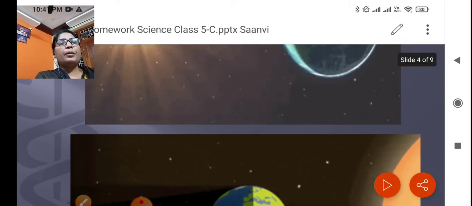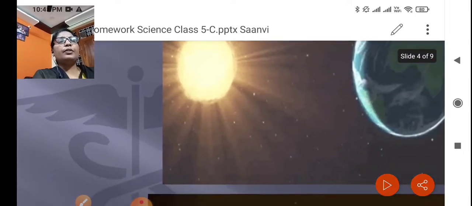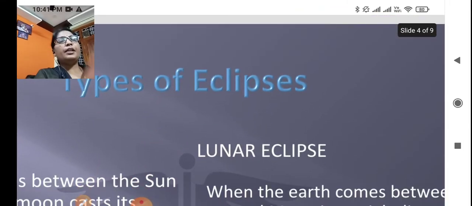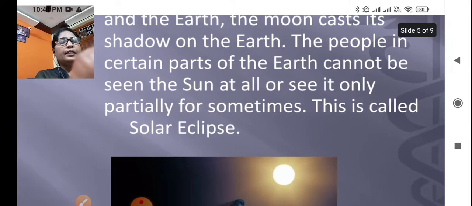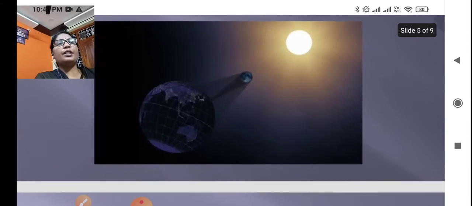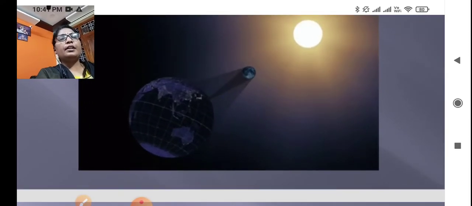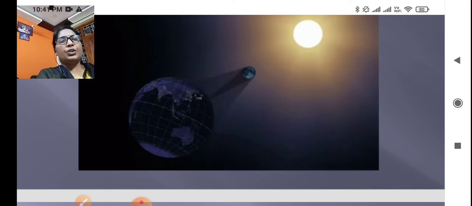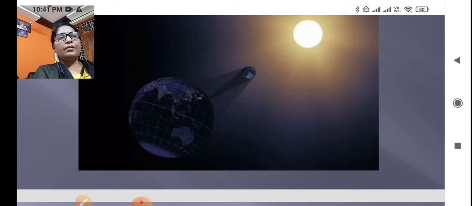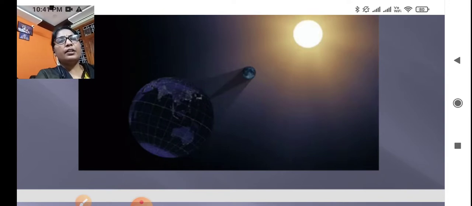Opposite to this, when the moon comes in between the sun and the earth, that is called a solar eclipse. You can see here the sun, the earth, and in between the moon came. The size of the moon is shown in the picture very small, and it is coming in between the sun and the earth. So the sun's light is falling on the moon, and the moon's shadow is formed on the earth.